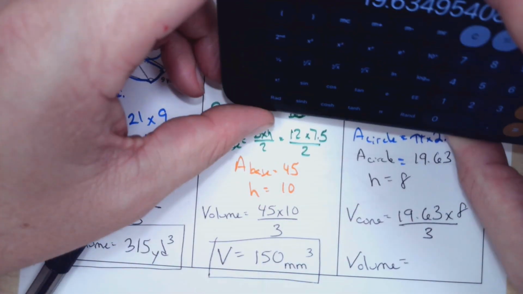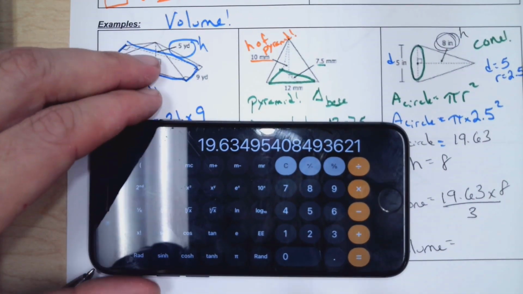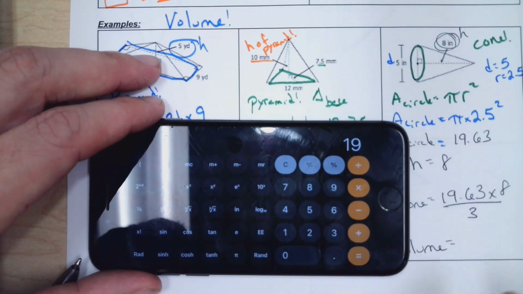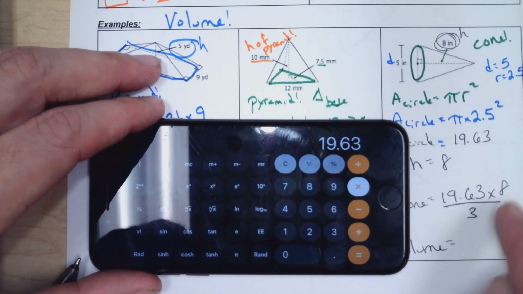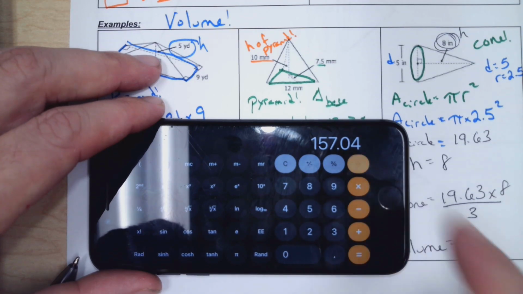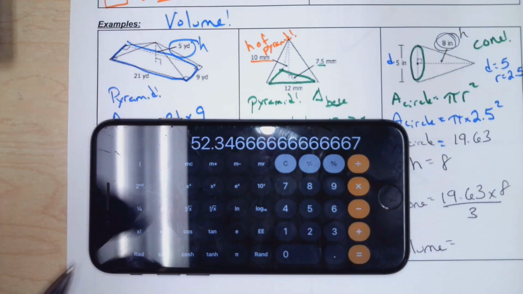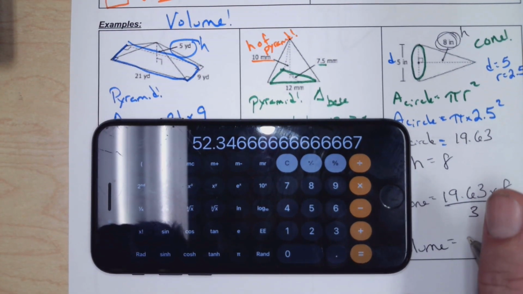Alright, last time for the calculator. So clear this, so 19.63 times 8 divided by 3. So 52.35.